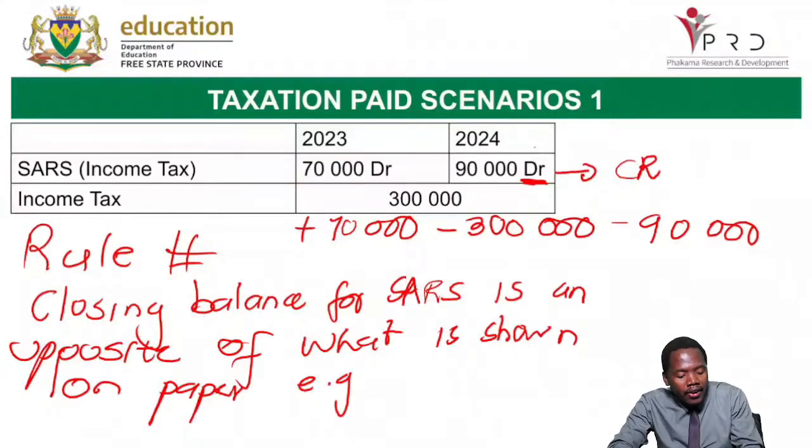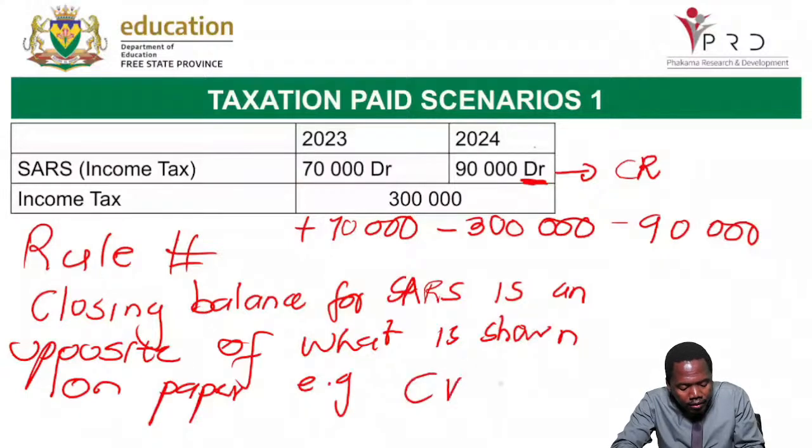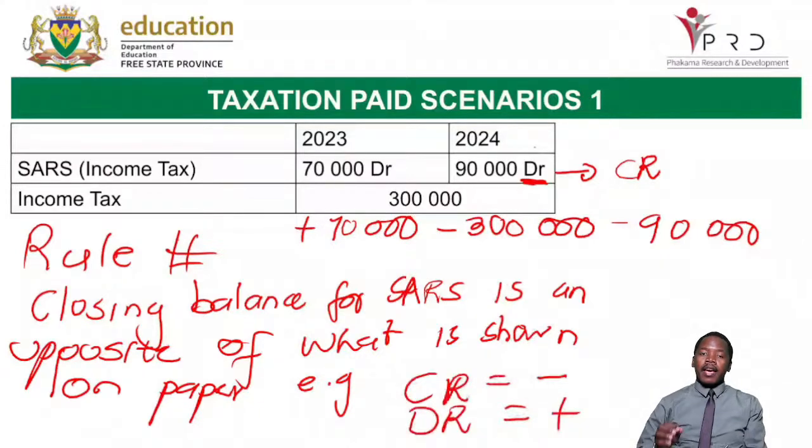Remember, a credit is minus, a debit is a plus. A credit is a minus, a debit is a plus. That is what we need to have so that this becomes a little bit easy.